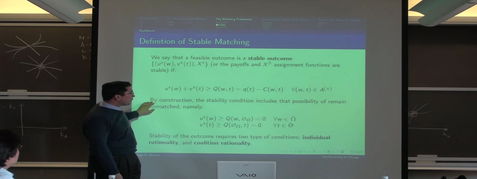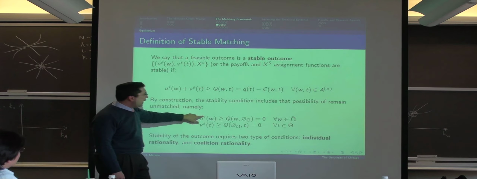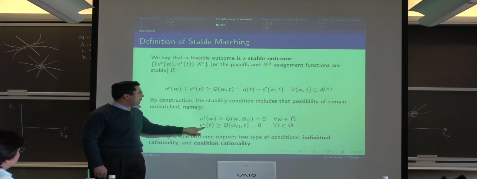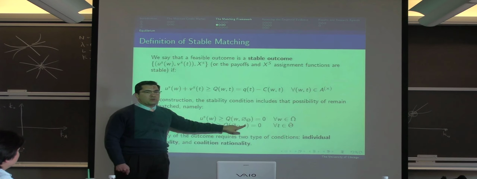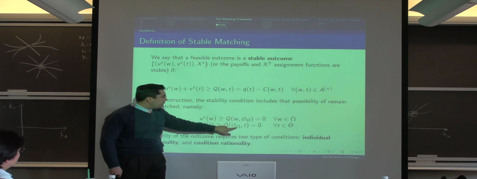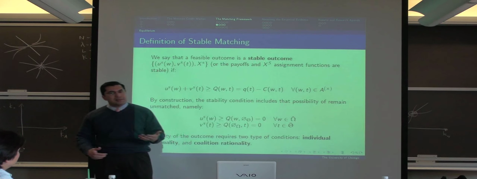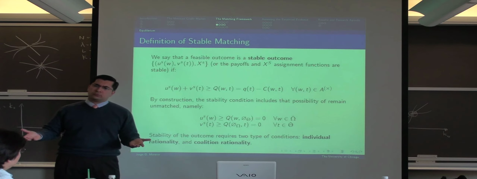And the second, the stability conditions require that the two guys in any relationship that can happen on the space of banks and entrepreneurs are doing better than by staying by themselves outside the market. So this option Q, empty theta, empty omega, is the value of the relationship for those guys who are not in the market, which is zero.